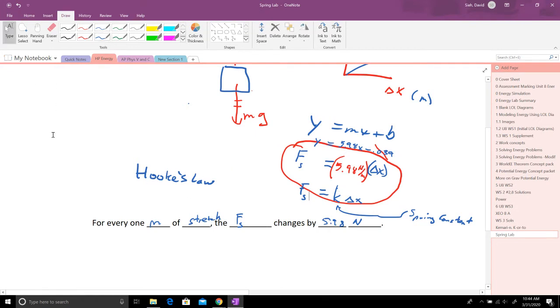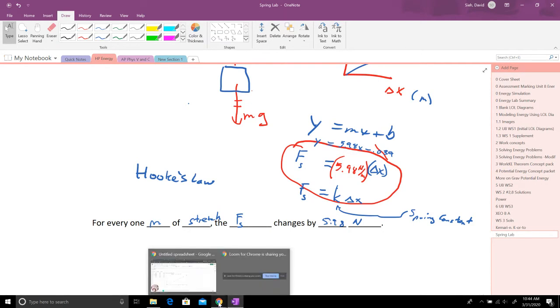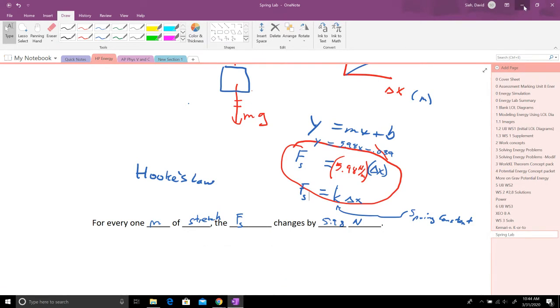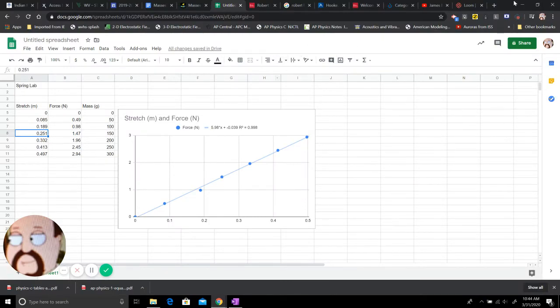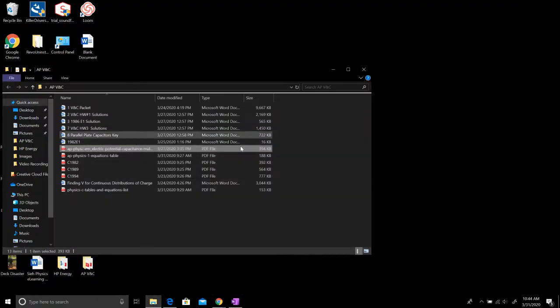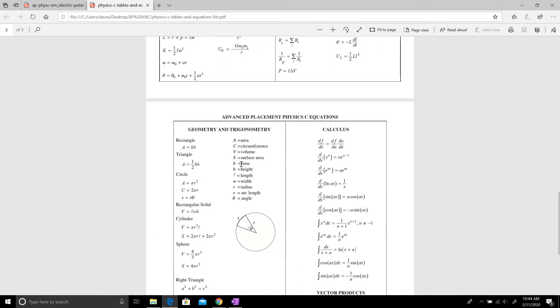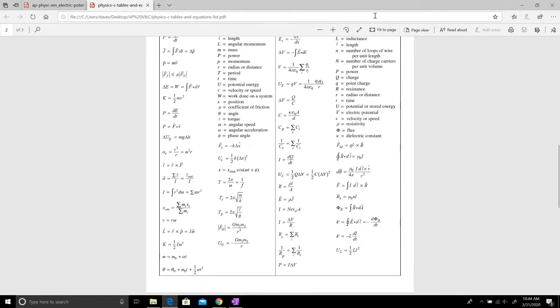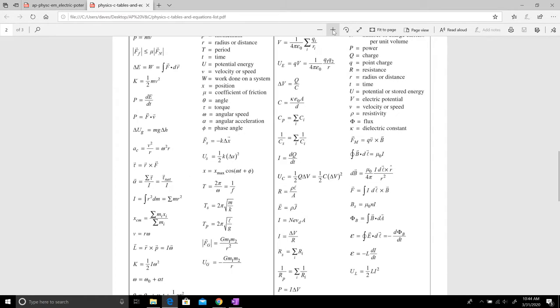I personally write Hooke's law a little bit differently. If you were to take a look at the AP formula sheet, because that, of course, is the equation sheet that rules my life, the AP C formula sheet, then you can see here, if I zoom in, that Hooke's law shows up here.